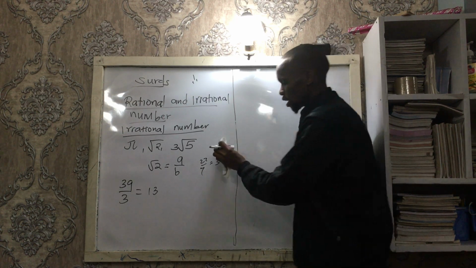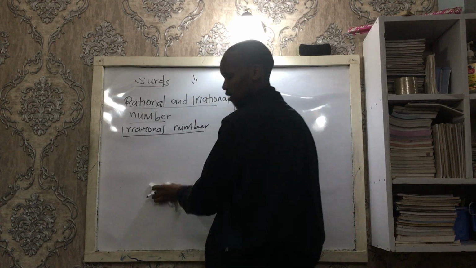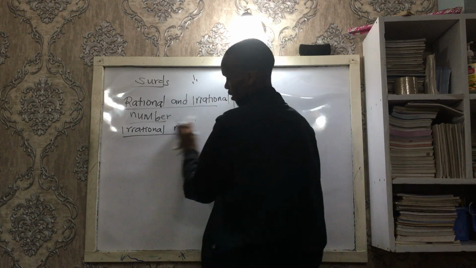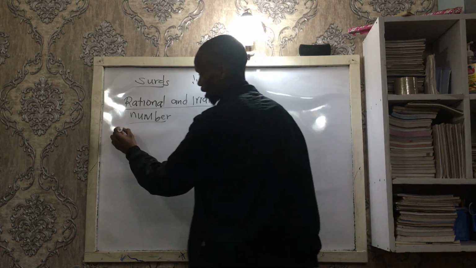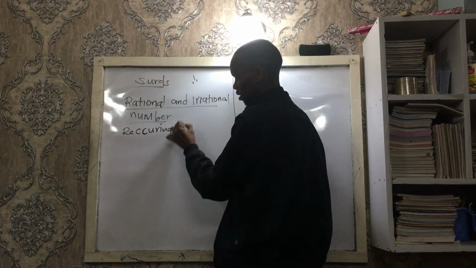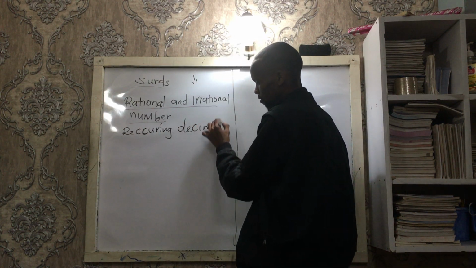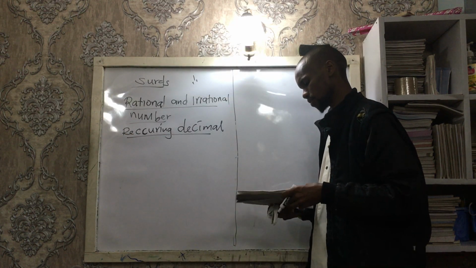Now I also want you to have the concept of recurring decimals, which you already learned. I hope you remember, but I will make you remember. For recurring decimals, I can have 1 over 3.